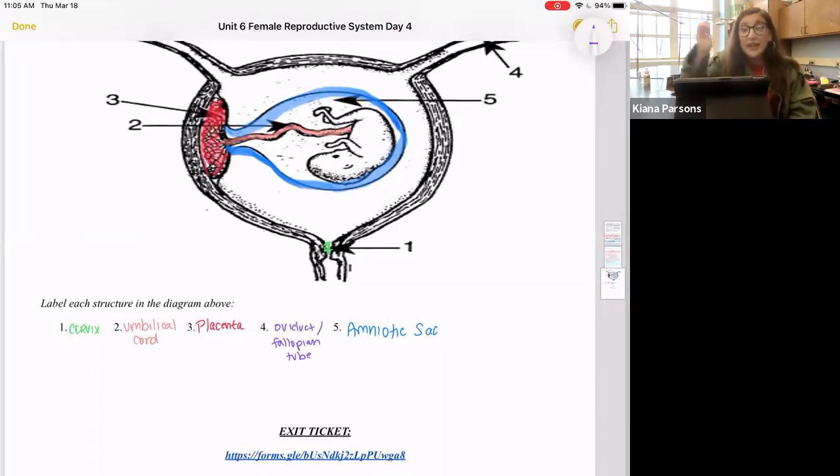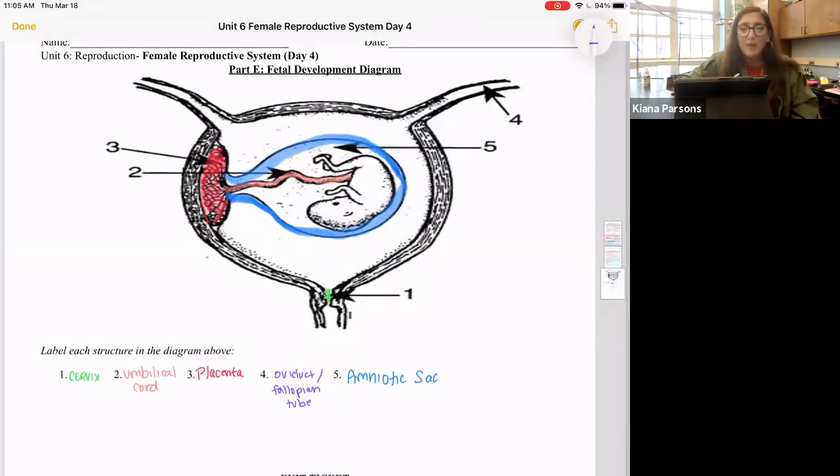It is the lifeline connecting the growing fetus to the placenta. We have the all-important placenta, which is the barrier and filter between maternal blood and fetal blood that prevents those blood supplies from mixing. And then we have number 5, the amniotic sac, which provides a fluid environment that cushions, surrounds, and protects the growing fetus. And that is a little baby fetal development diagram. And that is the end of the female reproductive system.